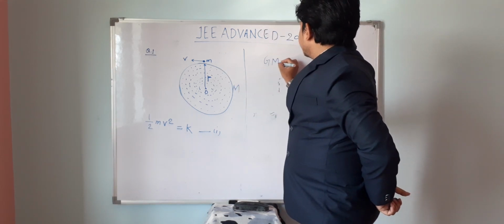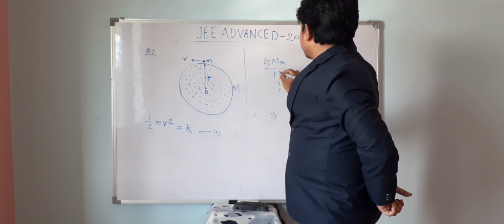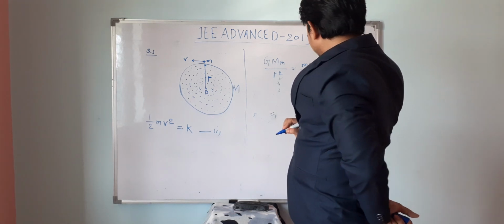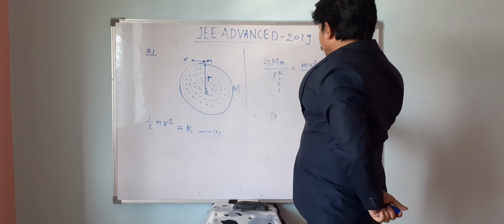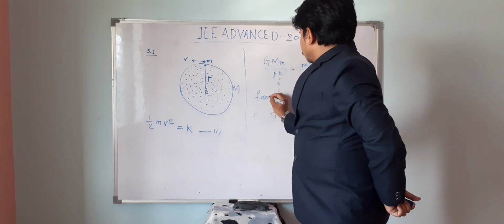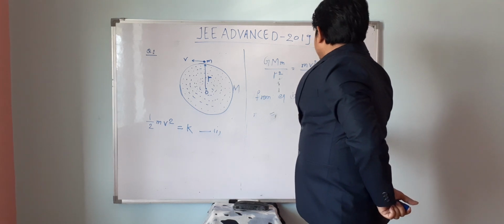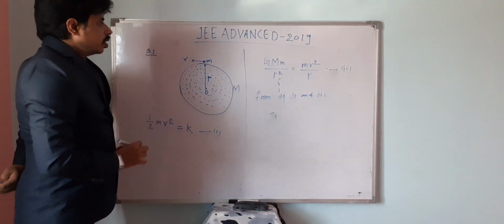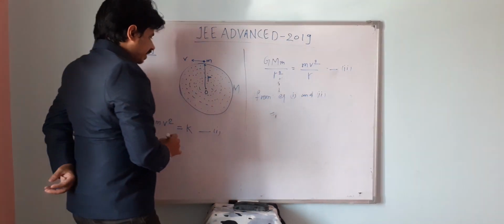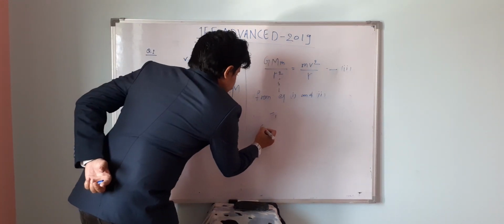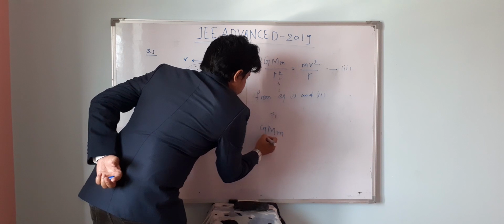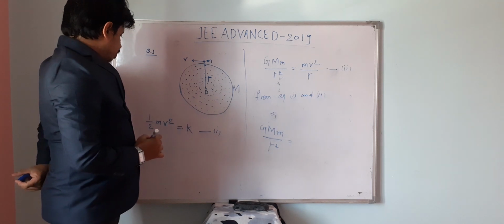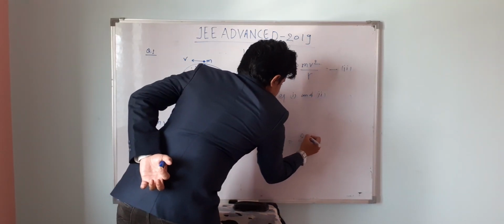Then G M m by r square must be equal to m v square by r. This is equation 2. From equation 1 and 2, we can write G M by r square must be equal to 2K by r.